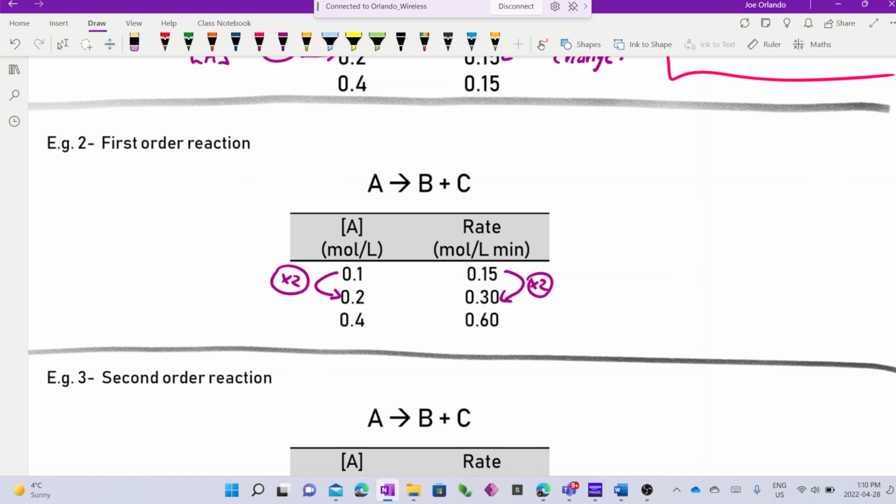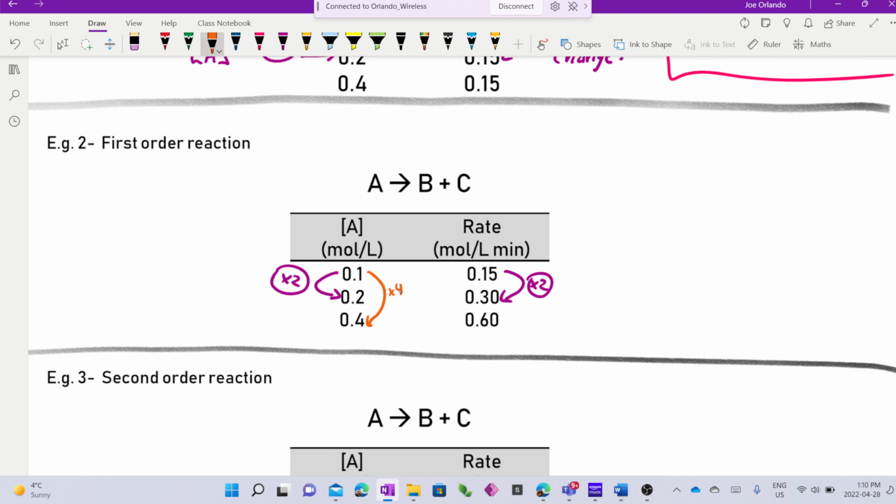No, because I'm only starting with 0.2 molar. That's okay. This is a reaction that happens pretty quickly. It's over pretty quickly. Imagine like baking soda and vinegar. Baking soda and vinegar.